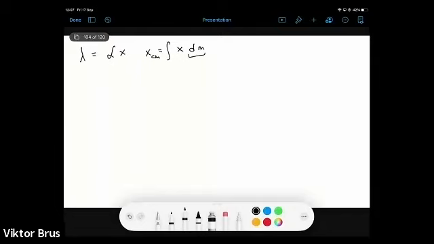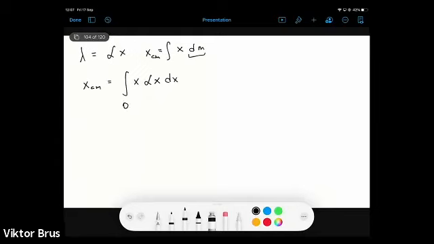density lambda. So we can write that x cm is equal to integral x. Previously, we were writing just lambda times dx. However, it's not a constant anymore, so it goes alpha x times dx.